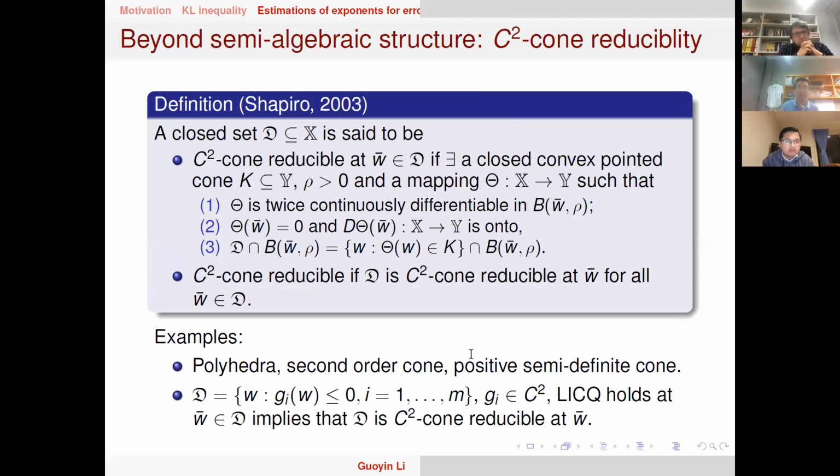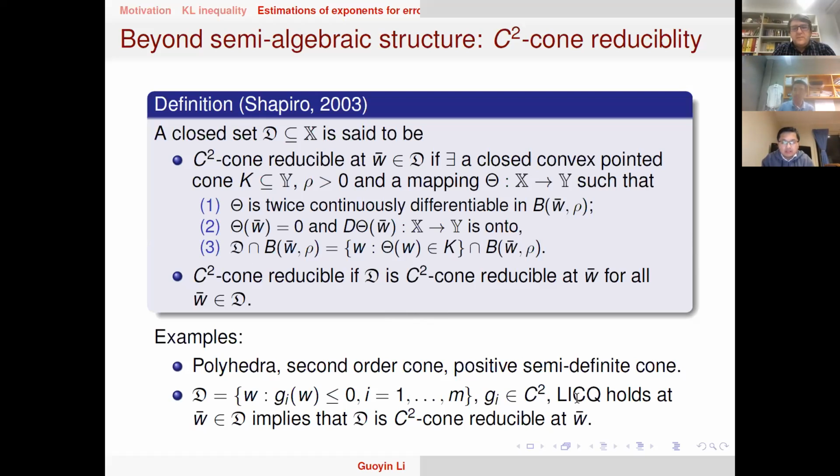What they basically say is that a closed set D is C2 cone reducible if you can find a neighborhood and also a closed convex pointed cone and a mapping, so that the mapping is twice continuously differentiable and the derivative mapping is onto, and around this neighborhood, the set D can be represented as this conic constraint. Okay, and the examples of them include polyhedra, second order cones, positive semi-definite cones, and also the sets defined by twice continuously differentiable functions, where the linear independence constraint qualification is satisfied.